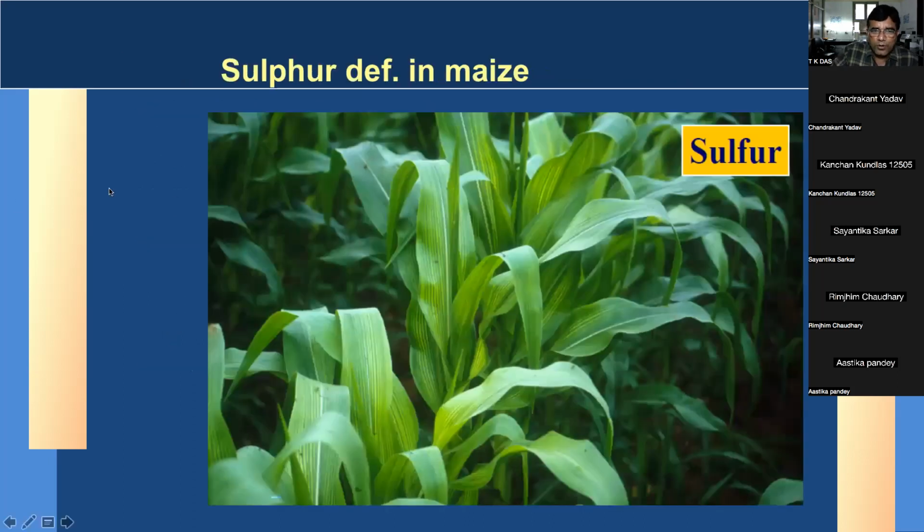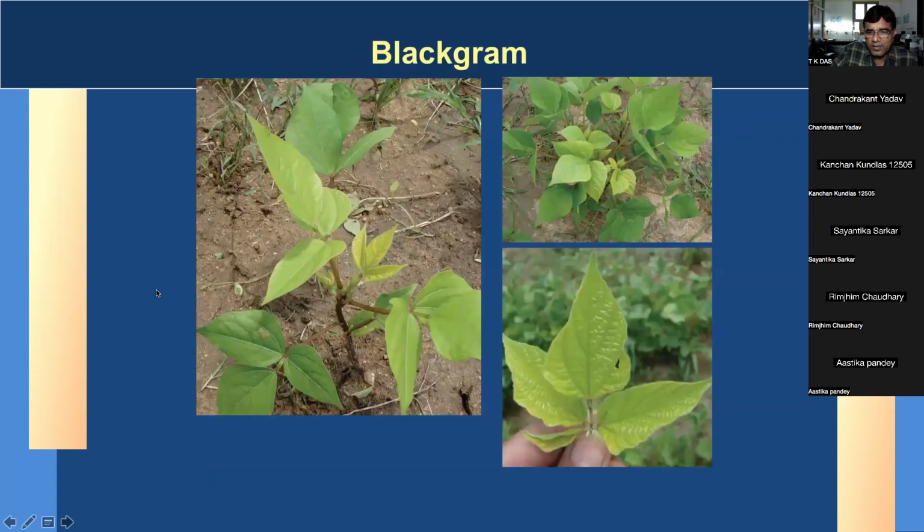So you can see chlorosis due to sulfur deficiency in maize. And then this is black gram or urd bean. Many of you may not have seen this plant. So see it carefully. It looks like a mung bean plant with certain differences.